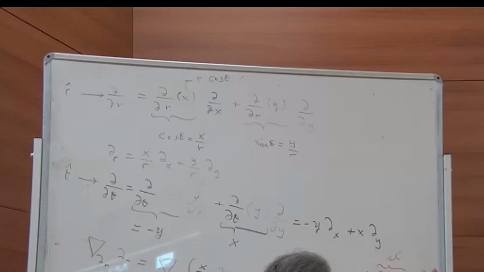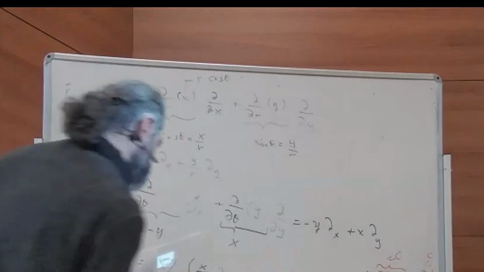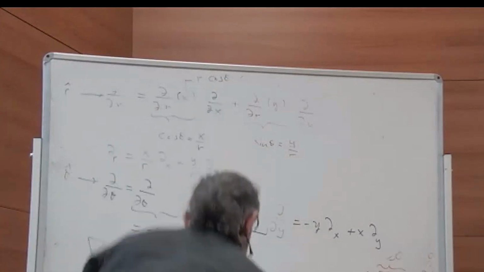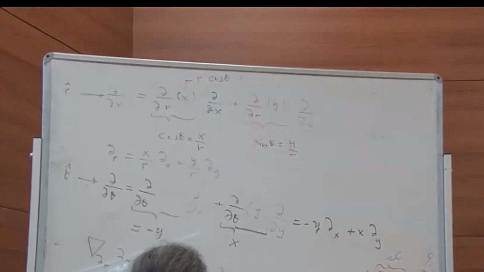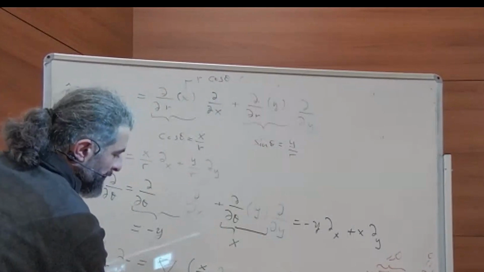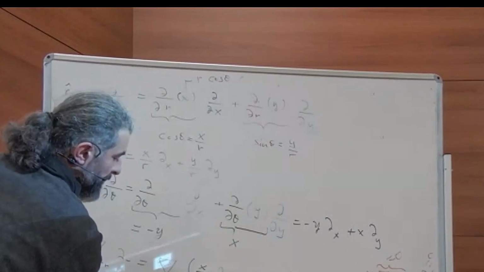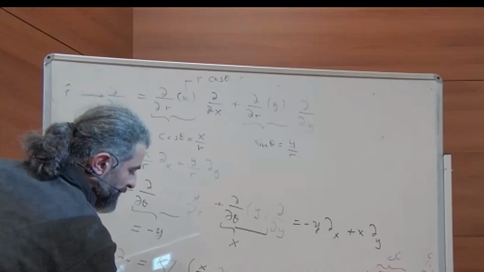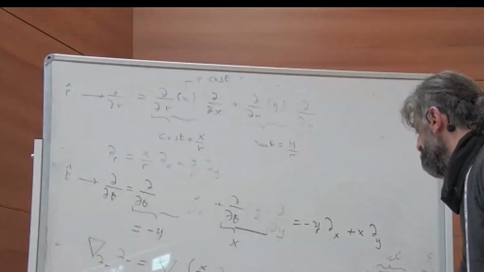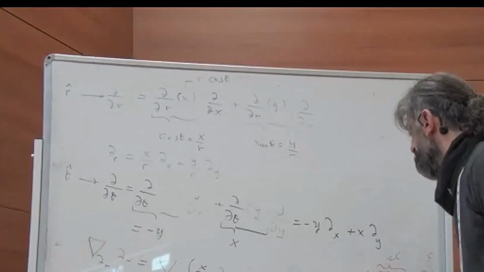Okay, this is also 0. So this is 0, and this is also 0. And there's an x over here. Okay, this is also 0. You know why? Because this is cosine theta, which is independent of the r direction. This is 0. And this is also 0 because this is sine theta.